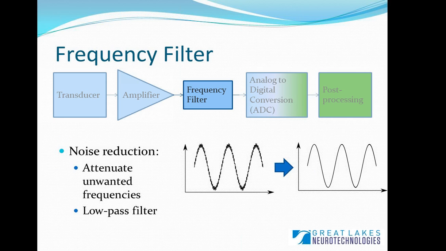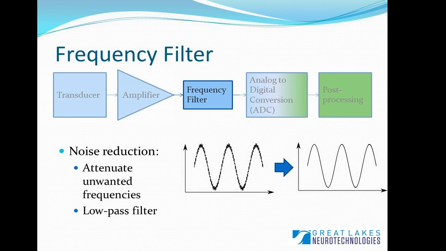The frequency filter is all about removing noise from your system. This provides the opportunity to set which frequencies are going to be allowed to pass along in your analog to digital, or in your data acquisition system. There are two main features that this frequency filter can perform.